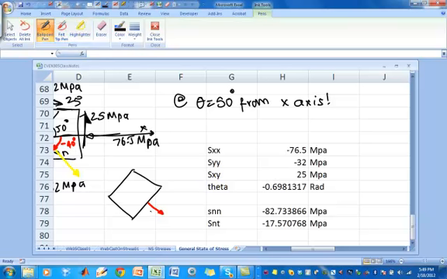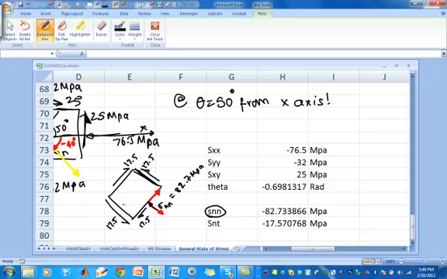And our Snn was like that, 82.7 MPa. And then Snt, remember our directions, right? It always goes that way, which means that Snt being negative means it is pointing that way. So we're going to write that like that and write 17.5. The nice thing is, if you want to find out what's happening on this face, you only have to recompute Snn, because Snt will still be 17.5 and this is going against, that will go like that, 17.5, okay? So you can already fill in this guide, 17.5.